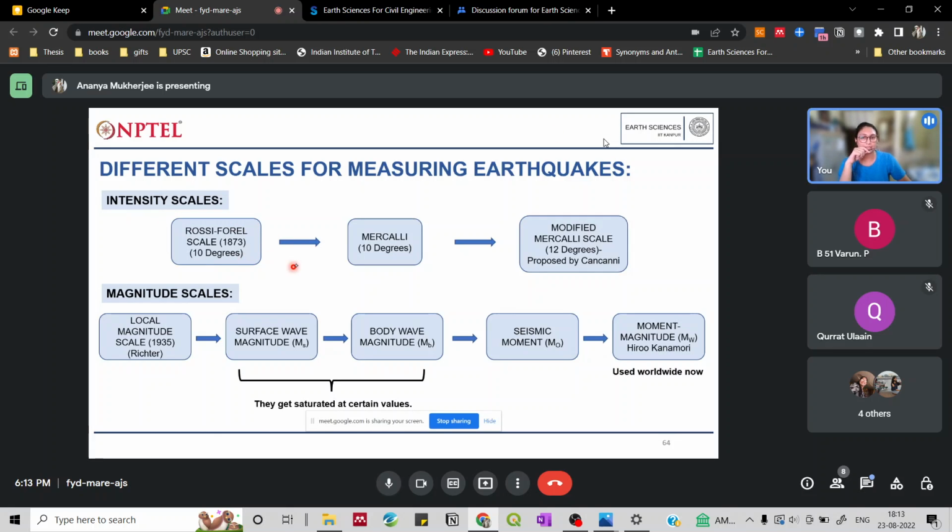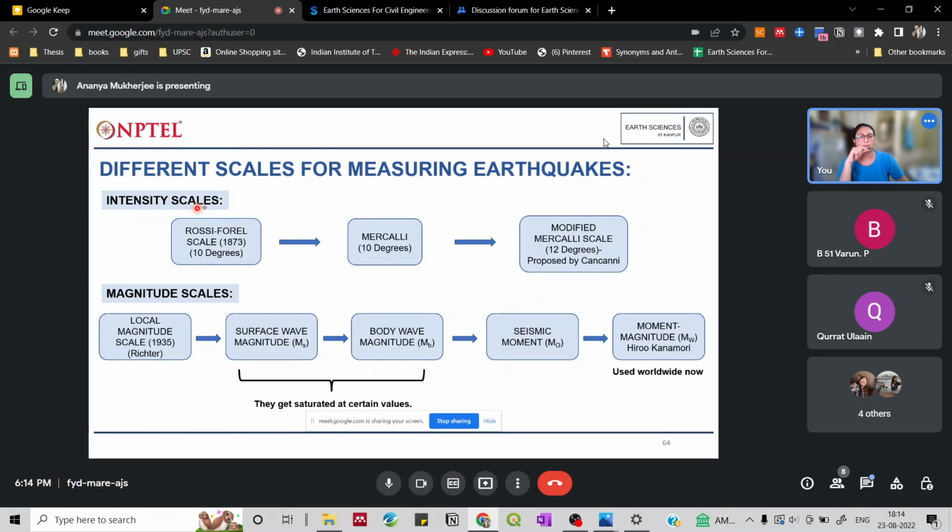There were 10 degrees, and the degrees are based on the effects that are seen, like suppose only trees are shaking or some shorter buildings are shaking. Later on Mercalli modified the scale and gave 10 degrees, and then later on Cancani modified the Mercalli scale to give 12 degrees.